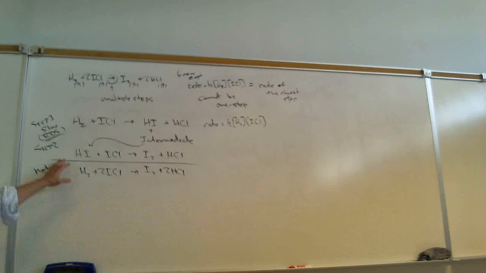It doesn't matter how fast step 2 goes, as long as it's faster than step 1, it's not going to inhibit or slow down the reaction. Is the slow step always the first step? No, it's not always the first step.